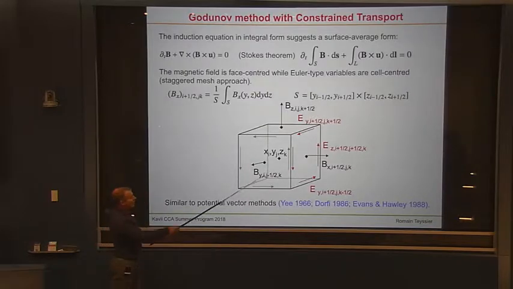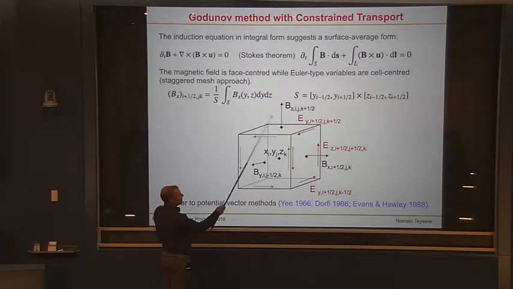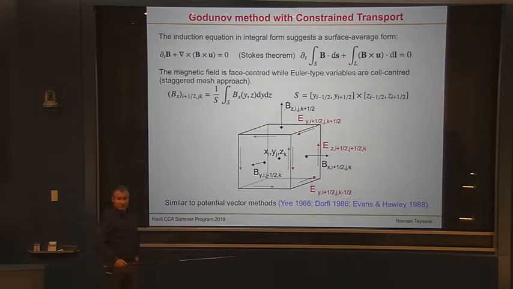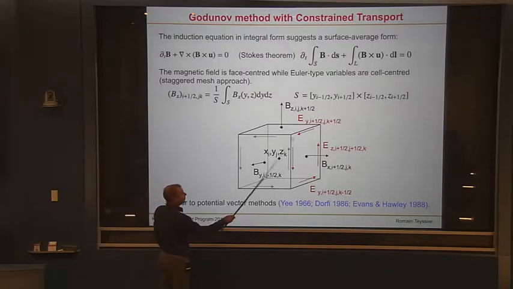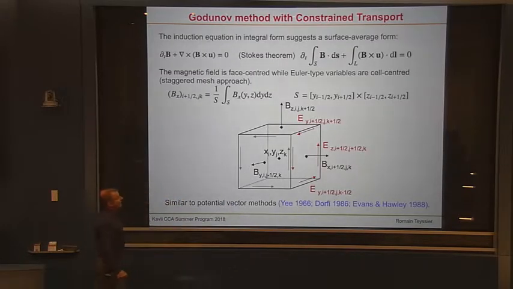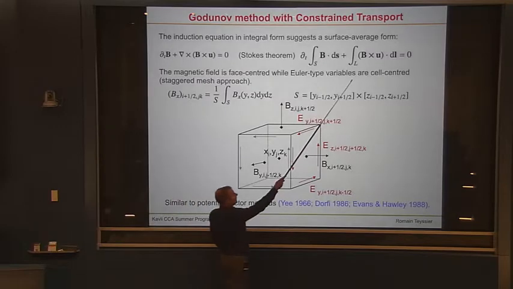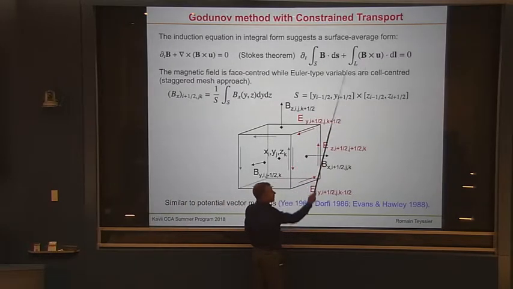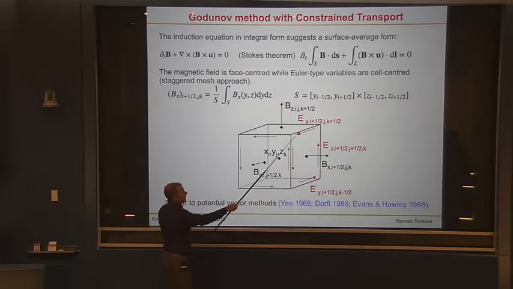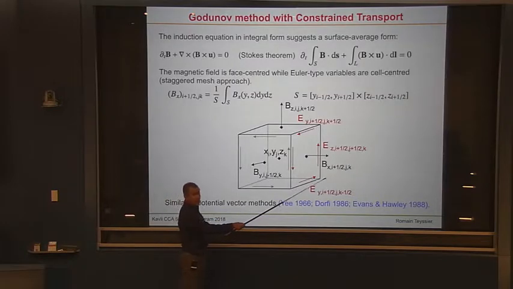So you now have 6 magnetic fields, which are the normal components to each face. And this is the electric field, or the electromotive force, and it is defined on the edges.